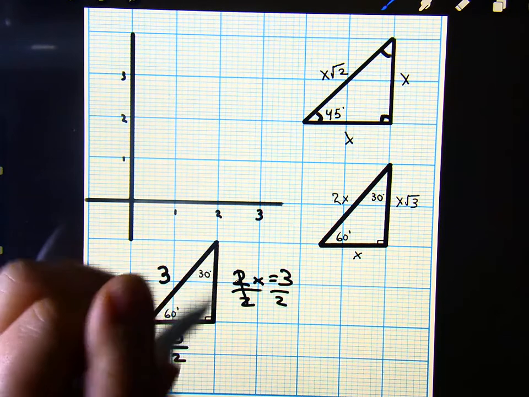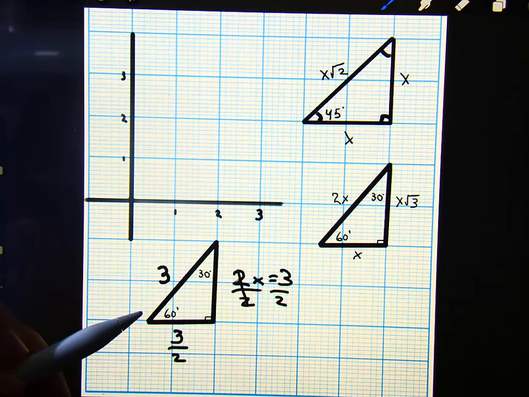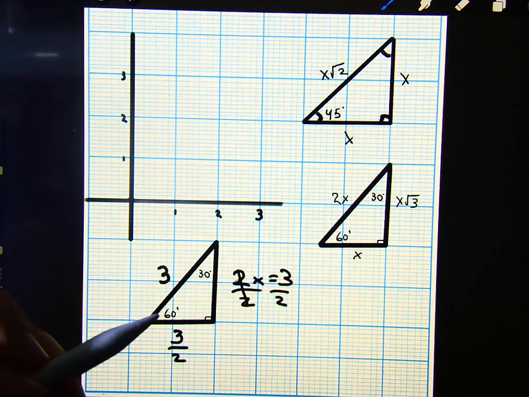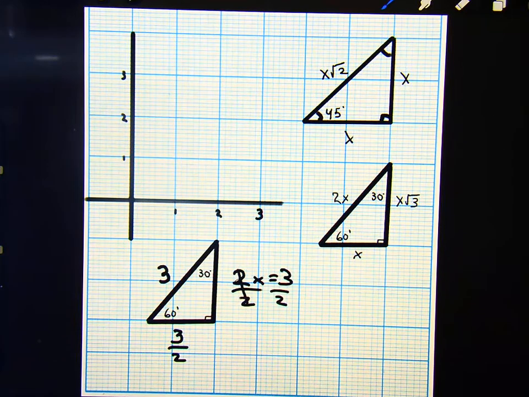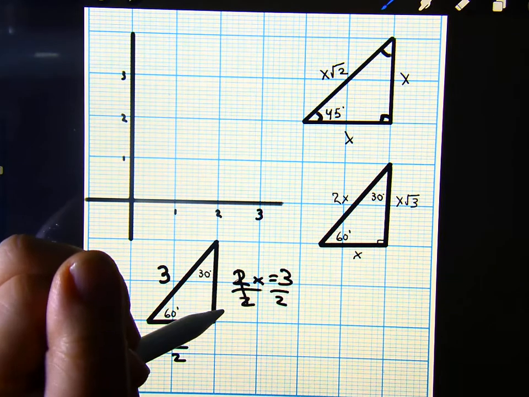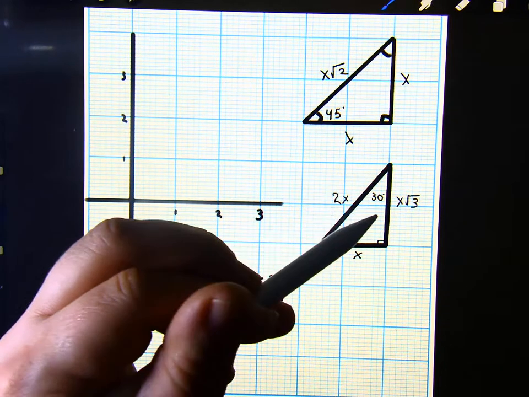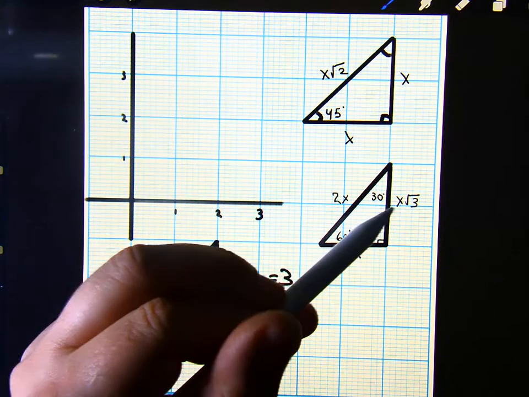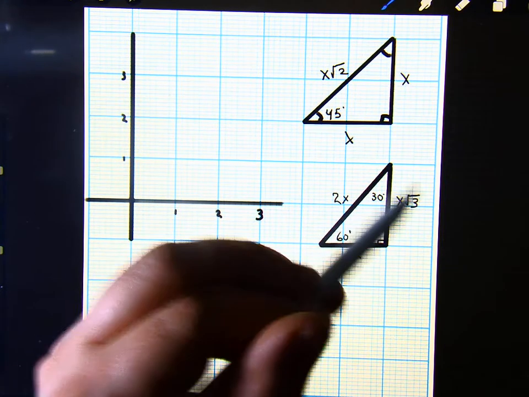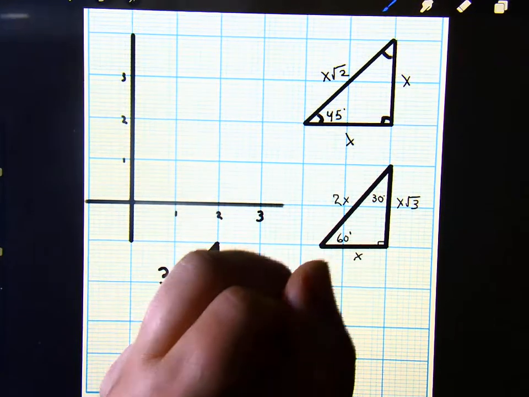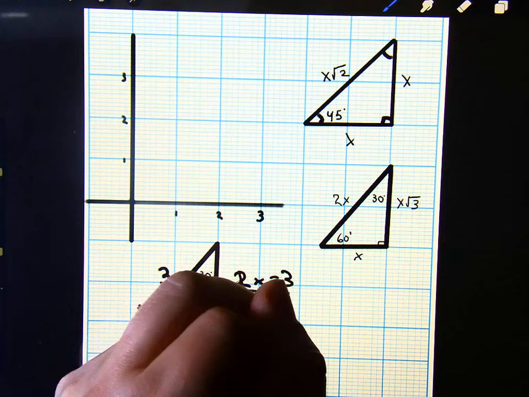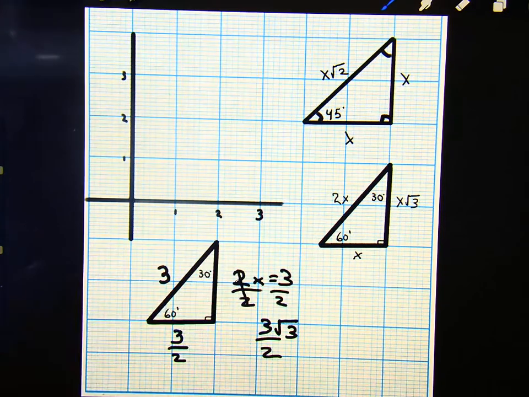Now the question comes, what happens when I go to find my y? Or yes, my y on this one. So this is going to be 3/2 times radical 3, or 3/2 radical 3. That's this length here.